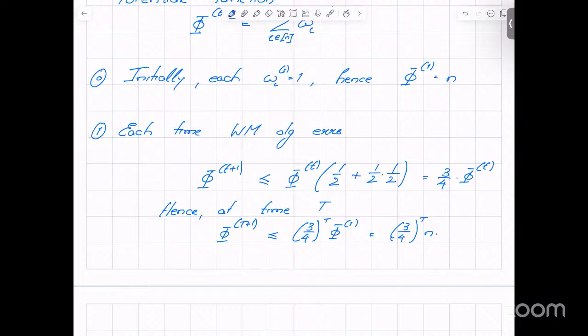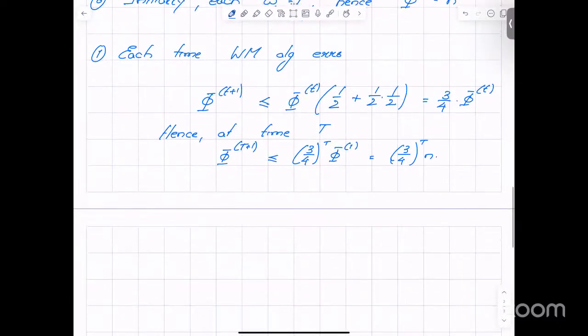Sorry, this t is not time itself. It should be n^T. You're right. It falls by a factor of 3/4 each time a mistake happens. How many times has a mistake happened? Possibly n^T times. For the times the algorithm doesn't err, I'm not going to comment anything.